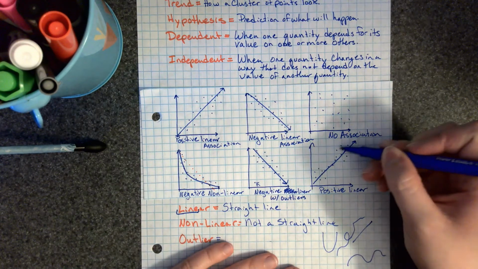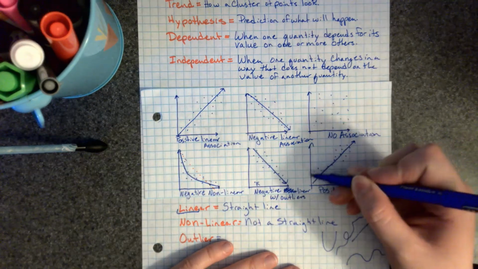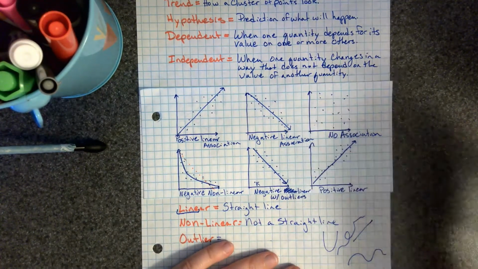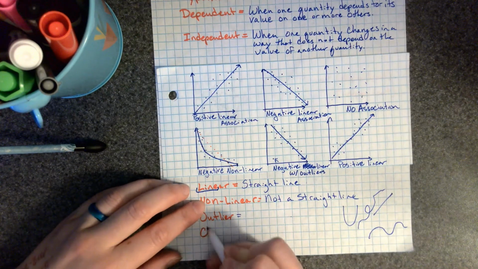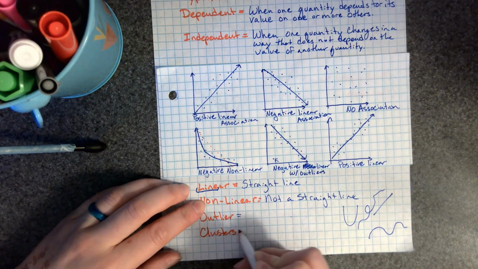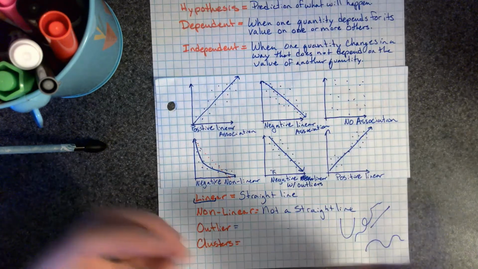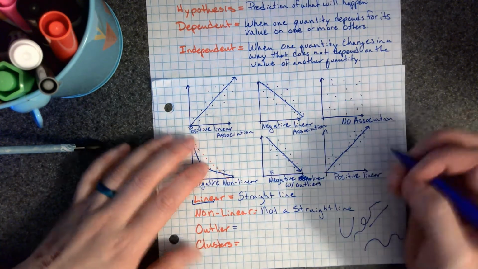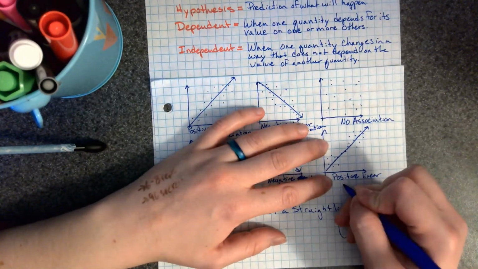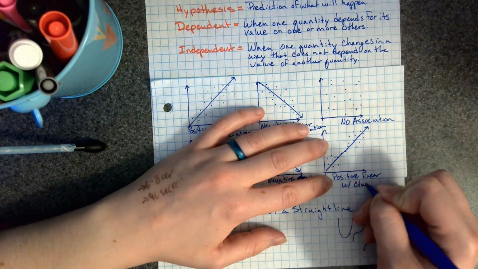But do you notice these like balls of points? Those balls of points are what we call clusters. Kind of like nut clusters, right? It's a cluster of nuts. Ha ha ha ha. I'm not funny. It's okay. Positive linear with clusters.